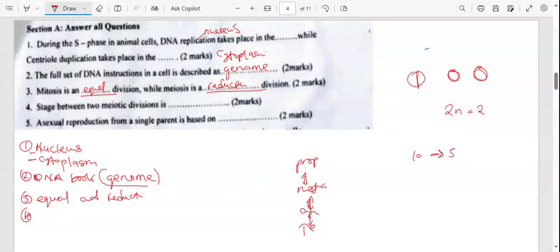When you see something between, that's inter. Kinesis is the process of separation or dividing; that's the meaning of kinesis. So it's called interkinesis.